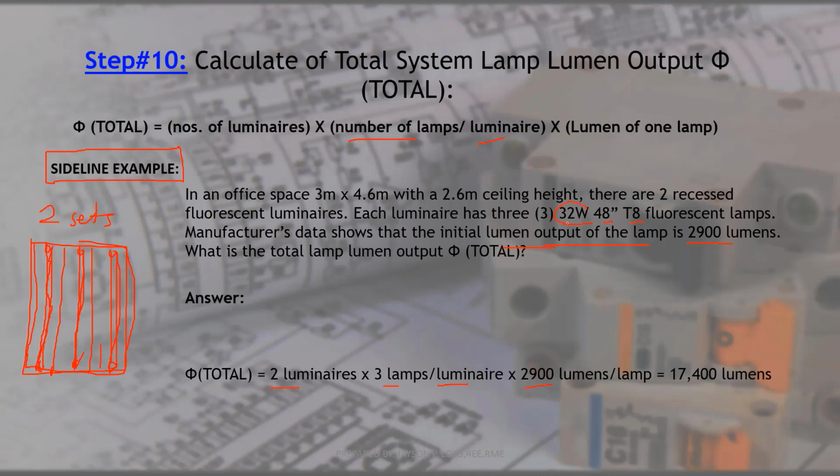So the 32 watts gives 2,900 lumens. So that's why 2,900 lumens per lamp. So you will get the 17,400 lumens. That is the light given by the two fluorescent luminaires.